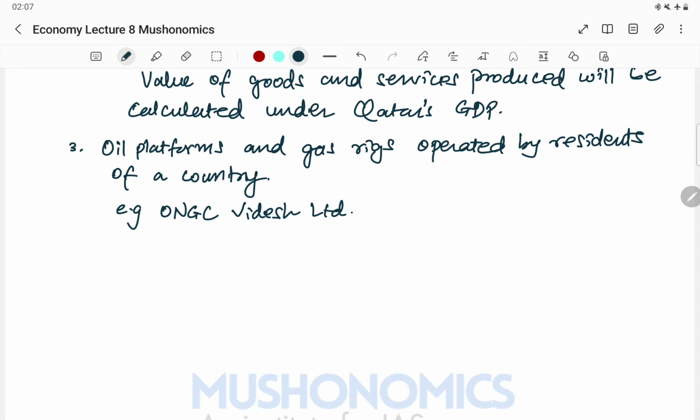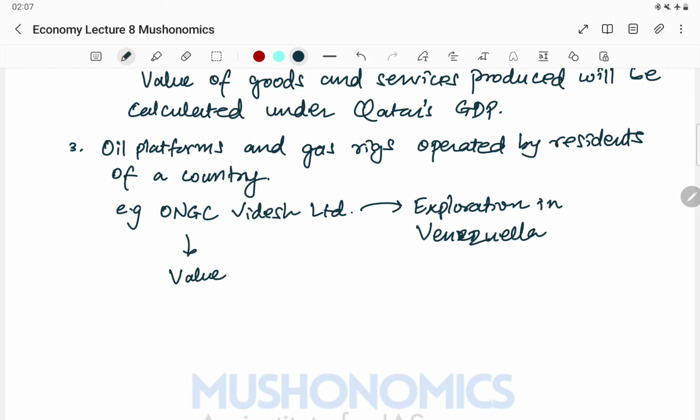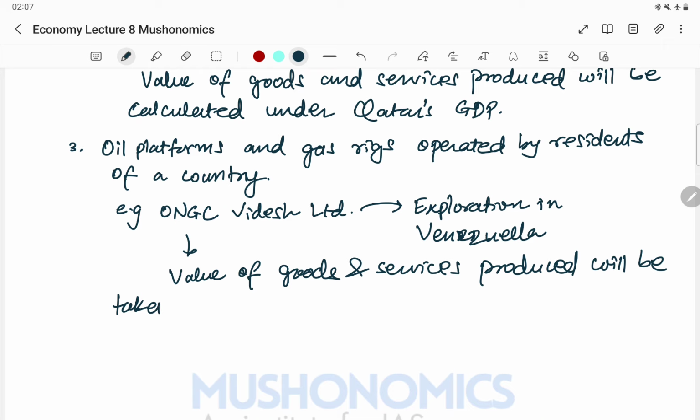So if this ONGC is carrying out any particular exploration in maybe some far location, for example near Venezuela, so value of goods and services produced will be taken under India's GDP. Why? Because it is headquartered in India, right?